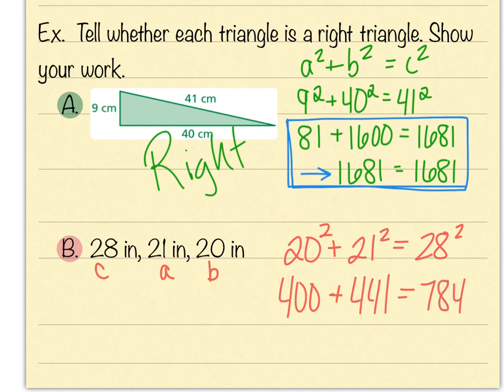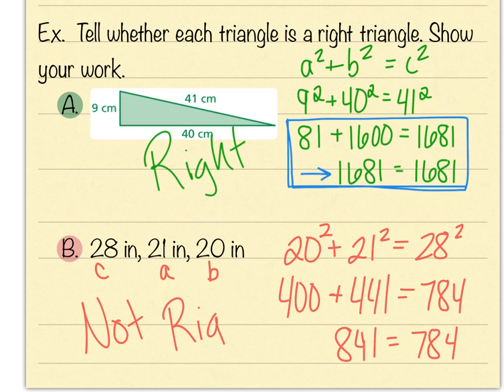And then if I add these together, I get 841 equals 784. In order for this to be a right triangle, those would have to be the same, and they are not. So this is not a right triangle. Doesn't mean it's not a triangle. It just means it's either an acute triangle or it's an obtuse triangle, which we'll talk about in just a moment.